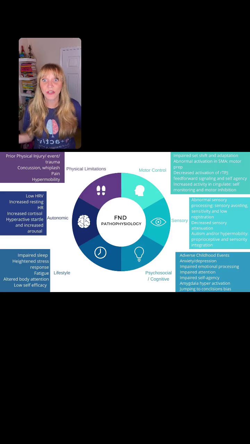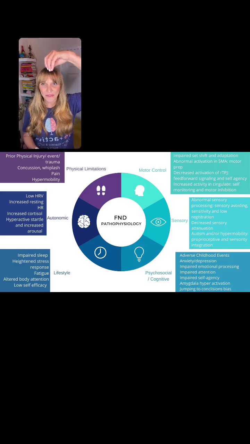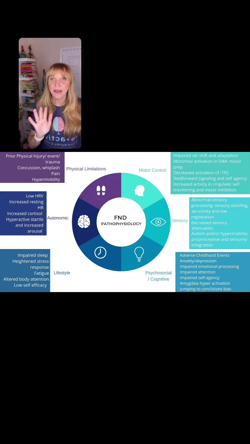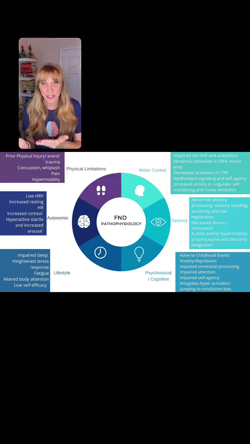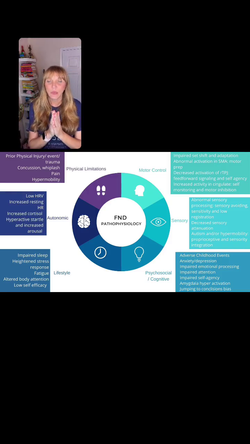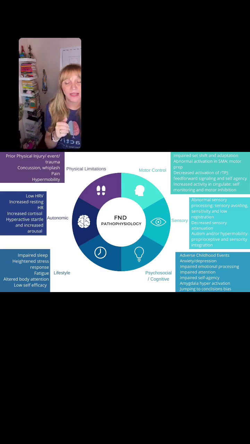We also do a good job at physical limitations. So that's the upper left, physical limitations. This is something, though, that I think sometimes when folks get an FND diagnosis, we ignore some of the physical pieces, and we should not, because there are things that have come up in the literature.